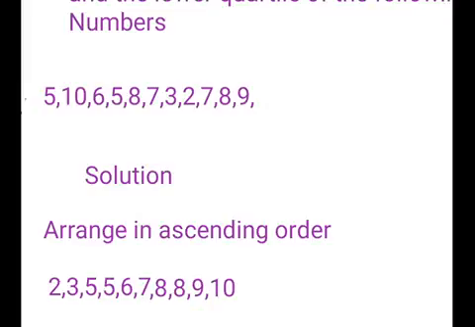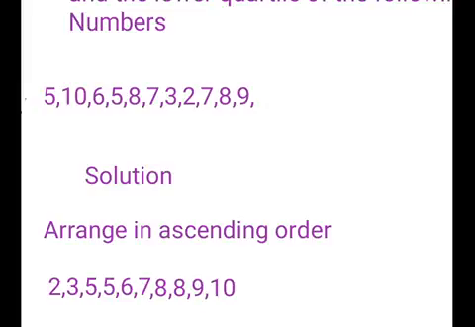So the next number is 5. There are 2 5s, so 5, 5. Our next number is 6. Our next number is 7. There are 2 7s, so 7, 7. Then 8, there are also 2, 8, 8. Then there is 9, there is 10. So the numbers in ascending order are 2, 3, 5, 5, 6, 7, 7, 8, 8, 9, and 10.